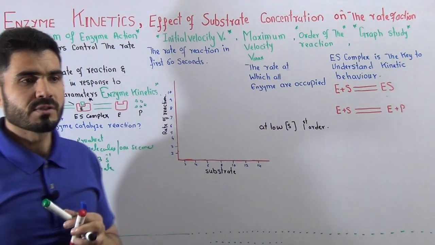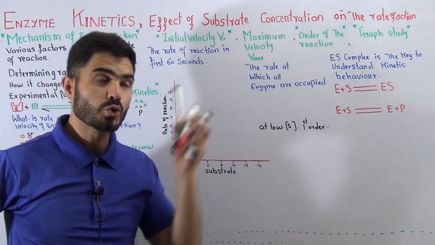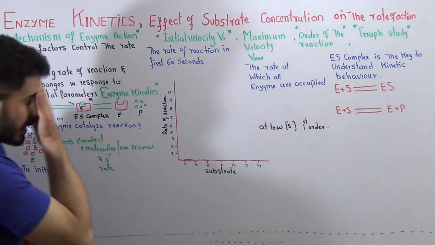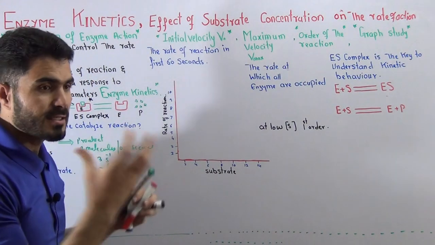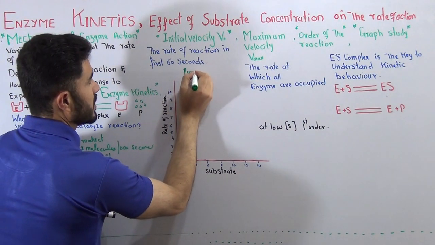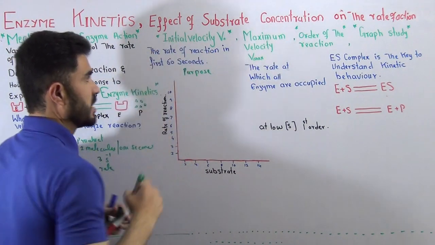Now come to the concept of why chemists use this word initial velocity. The initial velocity is used for some purpose. What is the purpose of using initial velocity?